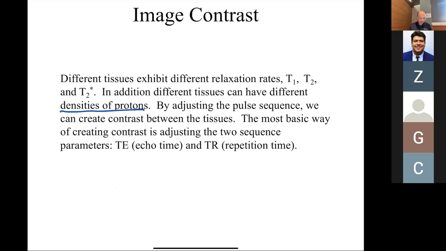One is changing the echo time, the other is changing the repetition time: TE and TR. TR is going to be related to T1, and TE is going to be related to T2 and T2 star. That's where we're going. And then in some of the projects we'll get into other knobs that you can play with to emphasize different things.